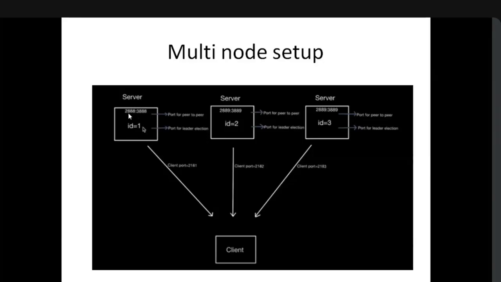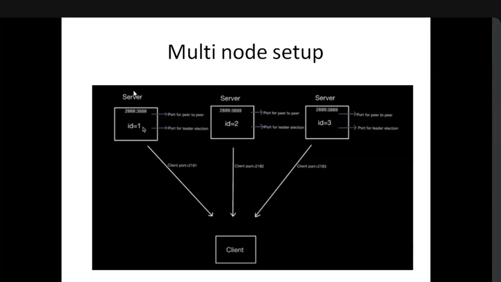So there are 2 ports on each server. Those 2 ports are mentioned here as colon separated numbers, 2888 colon 3888. The 2888 port will be used for peer communication, and 3888 will be used for leader election.